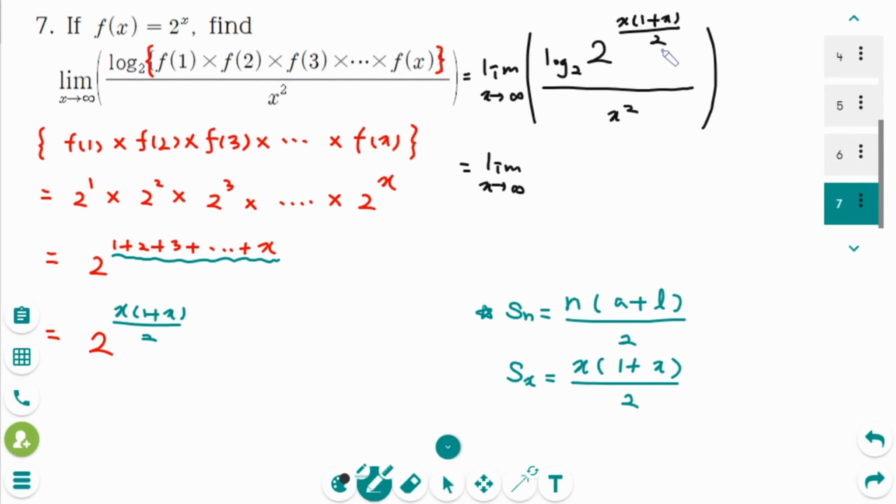And then this power part is come down here. It is the property of the log. Since log 2 of 2 equals 1, we can cancel and put 1 here. And then simplify.